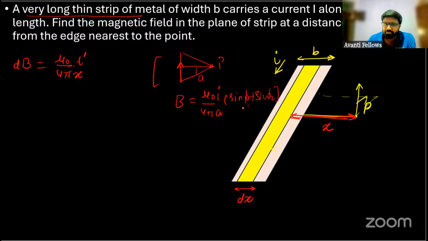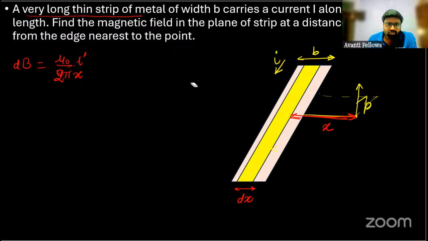Those who have attended the previous lecture, we did the derivation. Now, if the strip is infinitely long, that case I have also discussed. So phi 1 will become 90 degrees, phi 2 will become 90 degrees. It will become 2. So here we will attach the 2. Okay. Clear? Now, the magnetic field due to infinitely long wire is mu naught I upon 2 pi A.